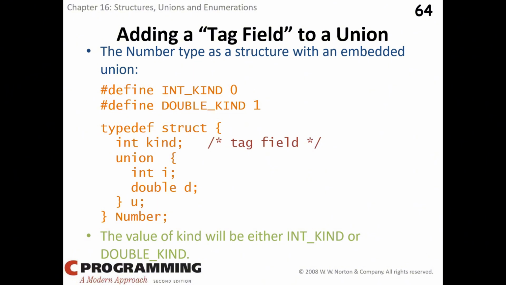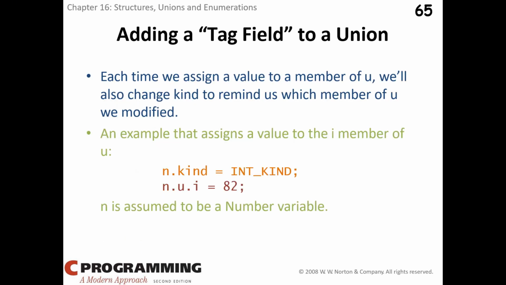In the structure, the kind member assumes the role of the tag field, with its value indicating whether the union currently holds an integer or a double. Each time we assign a value to a member of the union, we simultaneously update the tag field to indicate which member was modified.